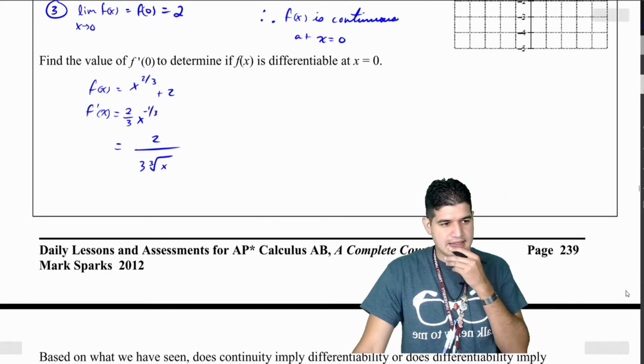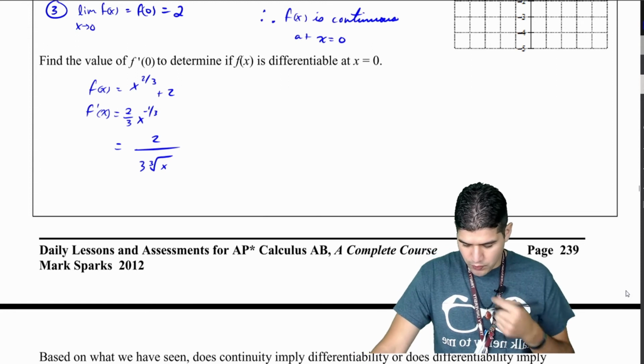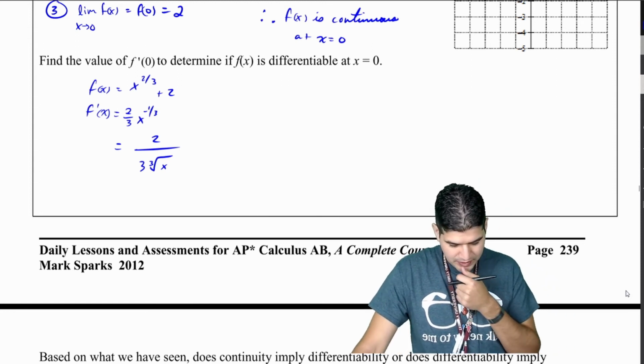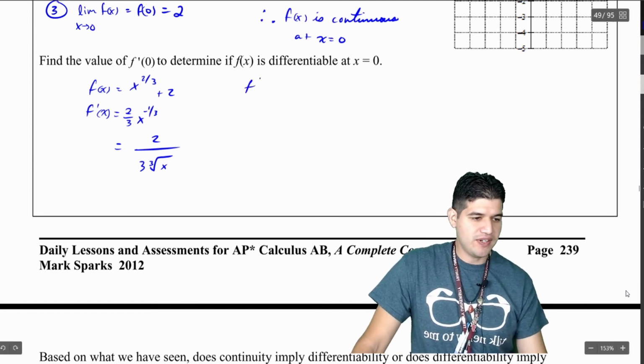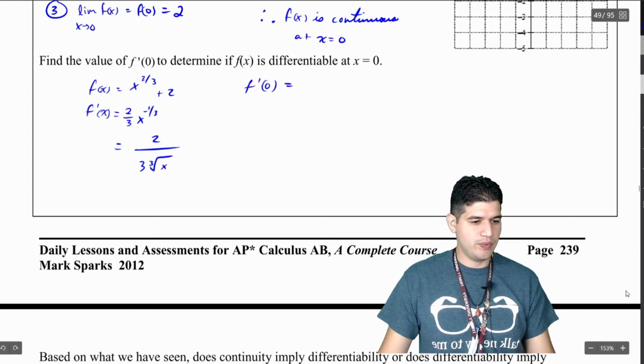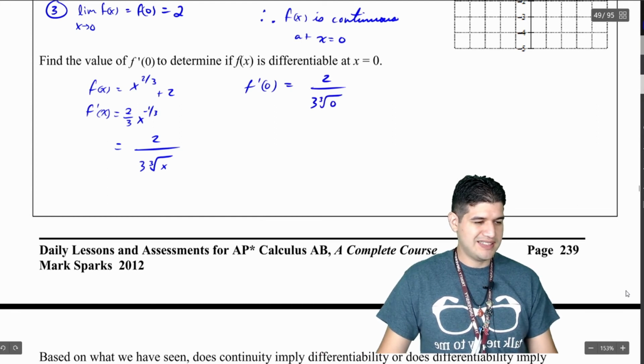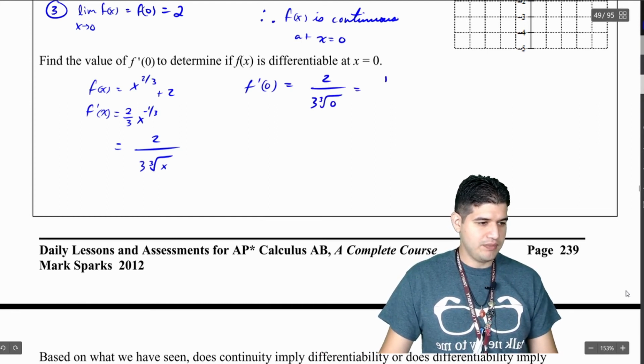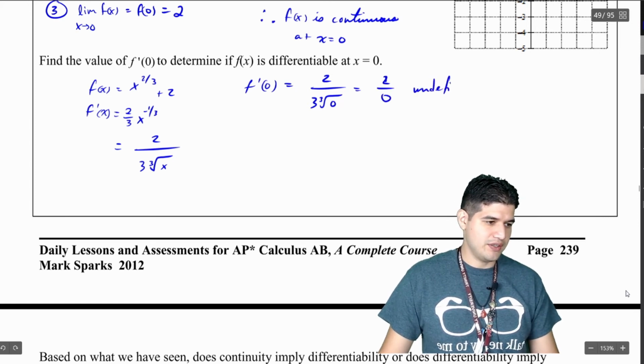All right, perfect. And so then what do I want to do here? I want to find f prime of 0. What are we going to expect from this? So we're going to get 2 over 3 cube root of 0, and that is going to get me 2 over 0, which is undefined again, okay?